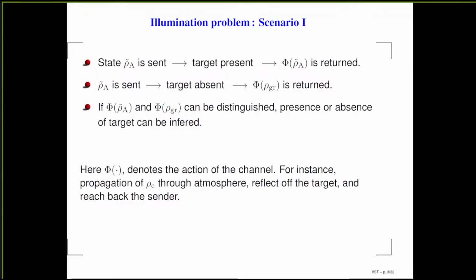Some thermal background passed through all this channel noise. So when the laser light returns to you, light is there, versus the background, your tube light, bulb, everything that is glowing in the background. You are able to distinguish the two. This is the simplistic scenario 1.